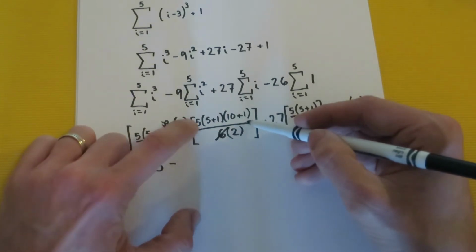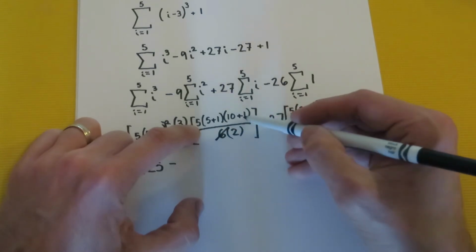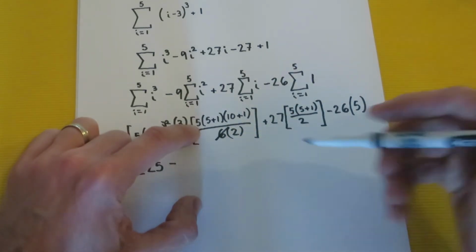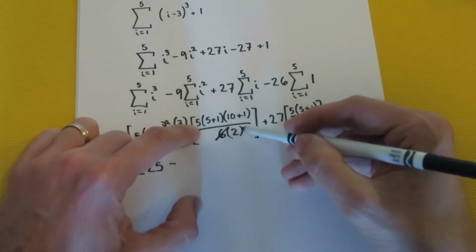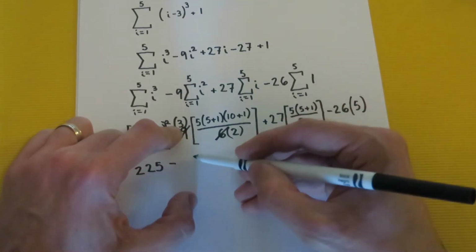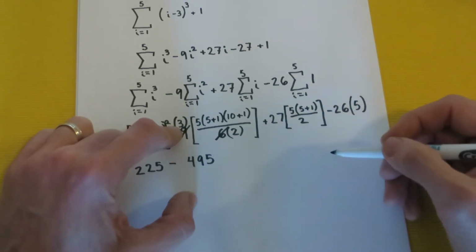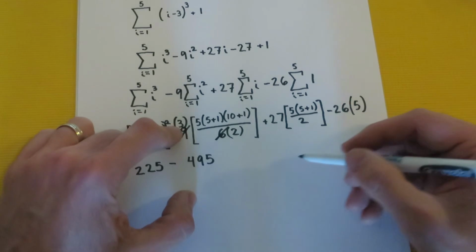Let's figure that out again. 5 times 30 times 11 is going to be 330, divided by 2 is going to be 165, times 3 is going to give us 495. Sometimes the order that you figure things in makes it a little easier.